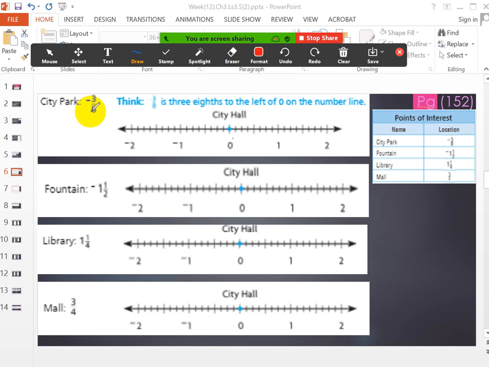If the sign is positive, I have to locate the number on the right side of 0. If the sign is negative, I have to locate the number on the left side of 0. So when I want to locate any rational number, first thing I will look at the sign. The sign here is negative, that means I will locate the number on the left side of 0.